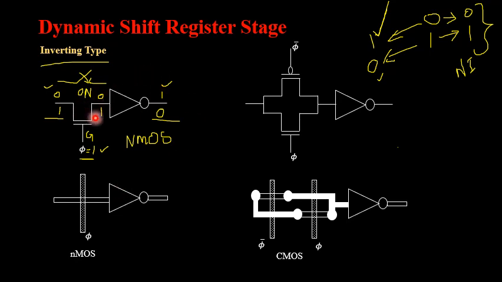Now if I want to convert this into a stick diagram, this is not the exact stick diagram, because here the NOT gate I have used as it is. So it is called a stick plus circuit diagram. This is the logical circuit I have used in terms of a NOT gate. If you want it in terms of an exact stick diagram, then this NOT gate should be replaced by an NMOS inverter stick diagram. Means the pull up should be a depletion type NMOSFET and the pull down should be an enhancement type NMOS transistor, and I have to take the output from there.